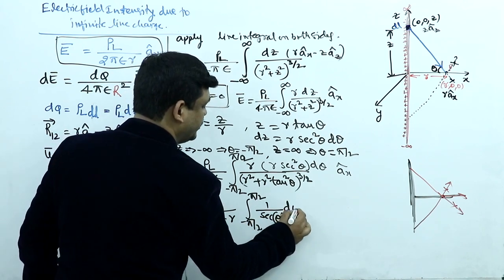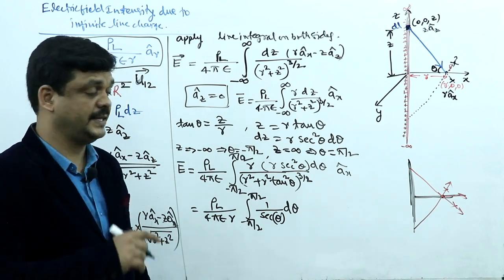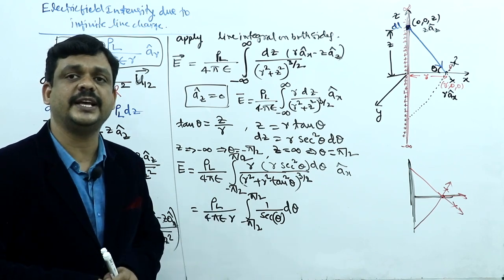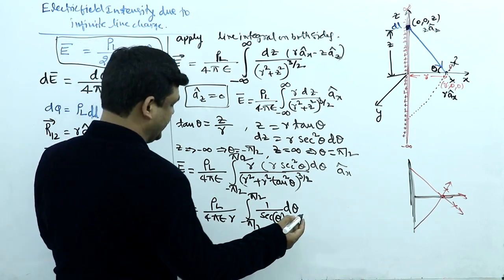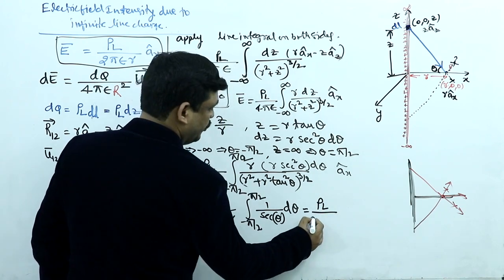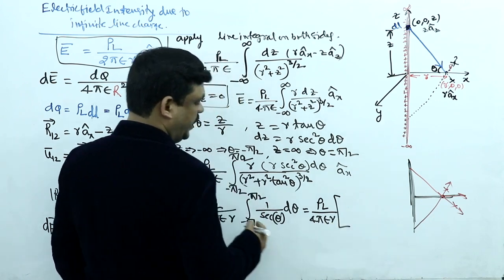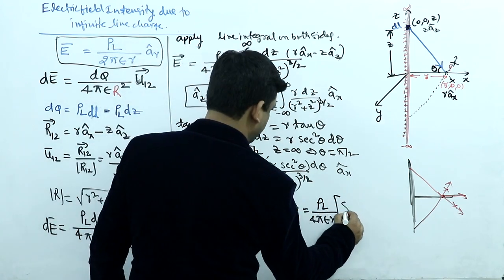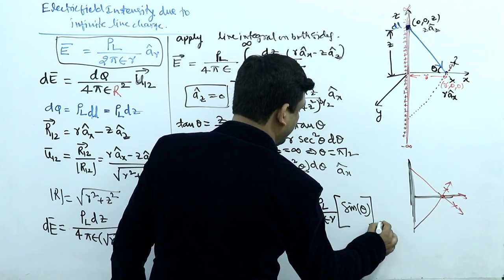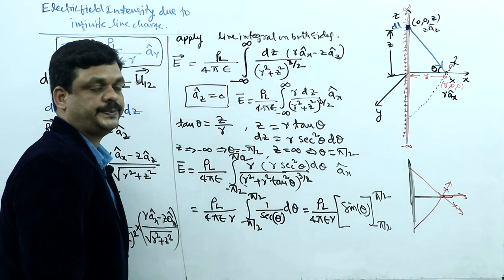1 by secant theta with respect to theta. 1 by secant theta is nothing but cos theta. So this acts as cos theta. Integration of cos theta is sin theta. Then write rho L by 4 pi epsilon r, and apply the limits from minus pi by 2 to plus pi by 2.